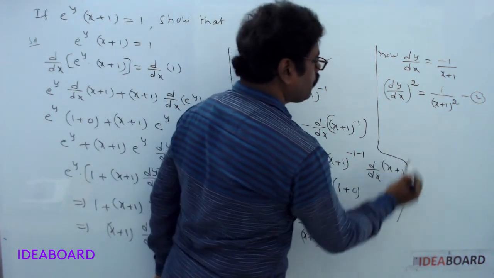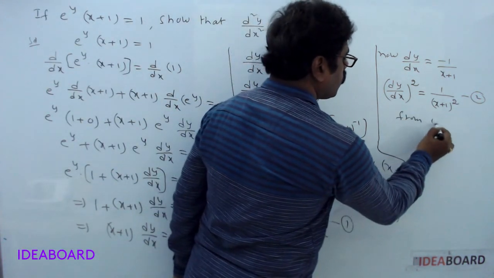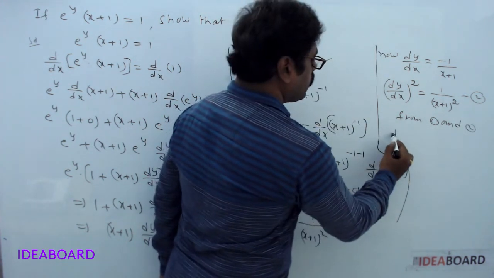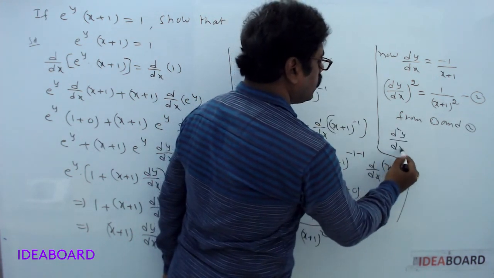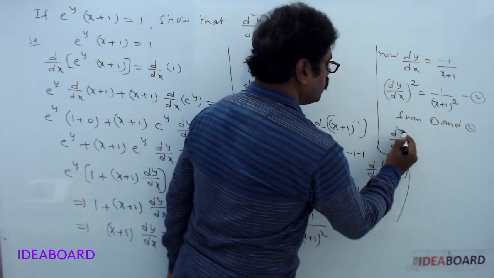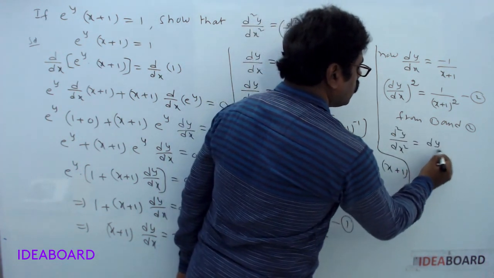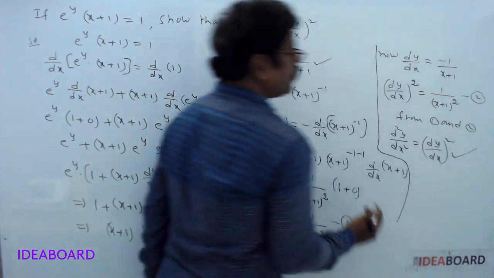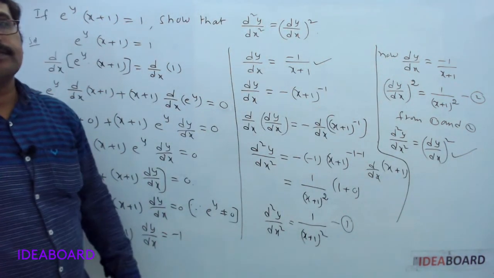So therefore, from 1 and 2, d square y by dx square is equal to (dy by dx) whole square. That is our required condition.